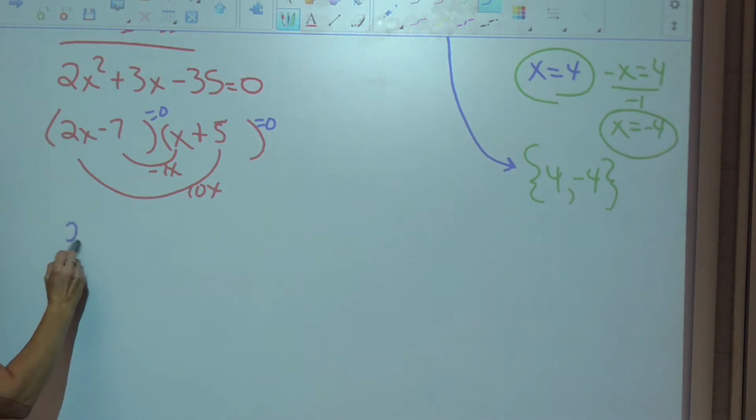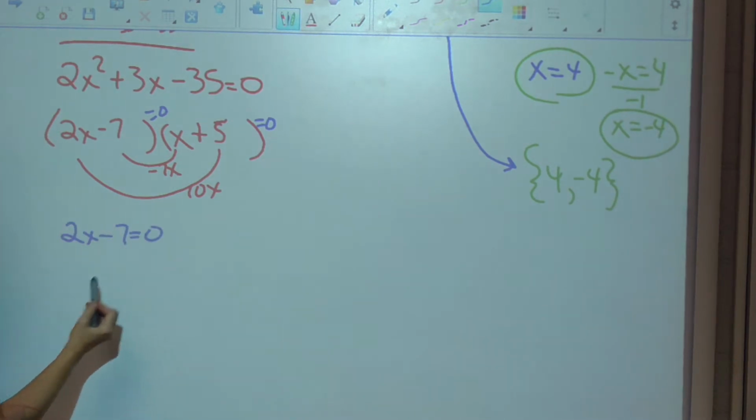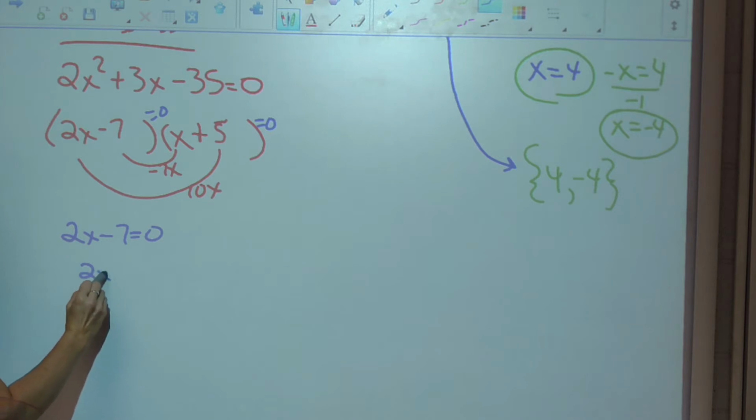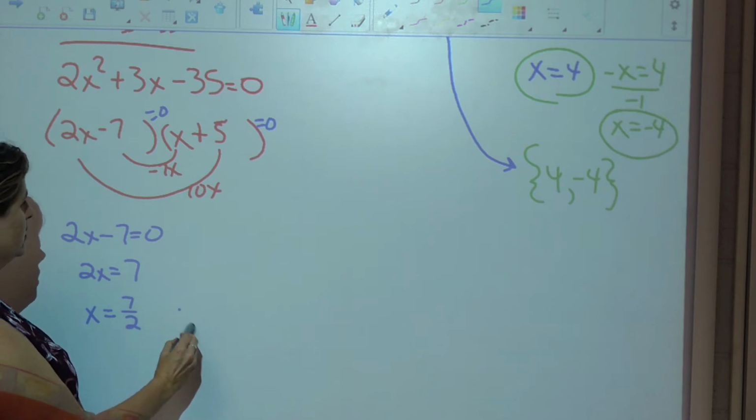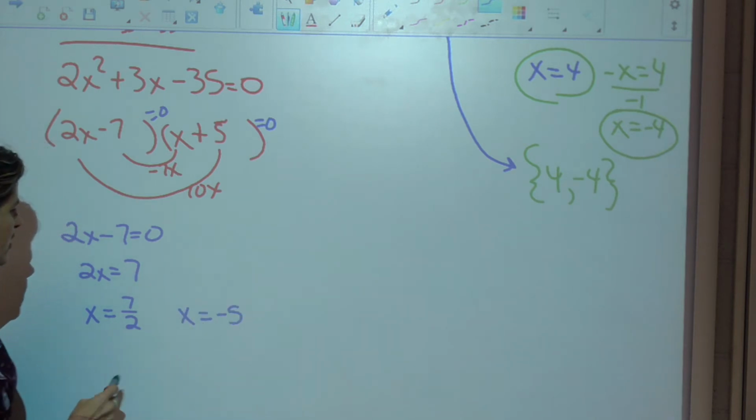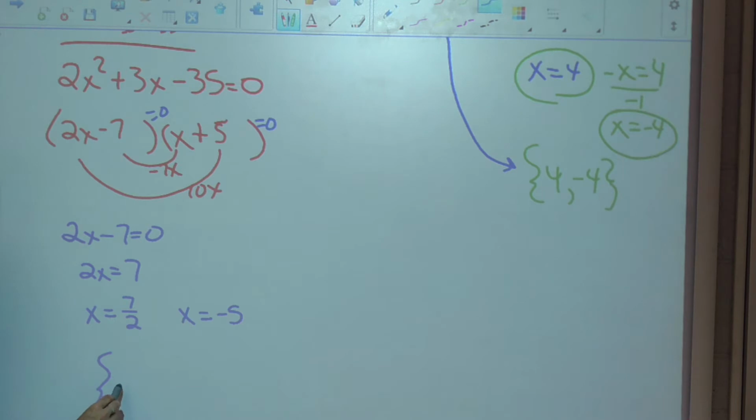And so I get 2x minus 7 equals 0, 2x equals 7, and x equals 7/2. The other piece, I just get x equals -5. So again, that's the set of numbers, 7/2. You can call that 3.5 if you'd like, and -5.